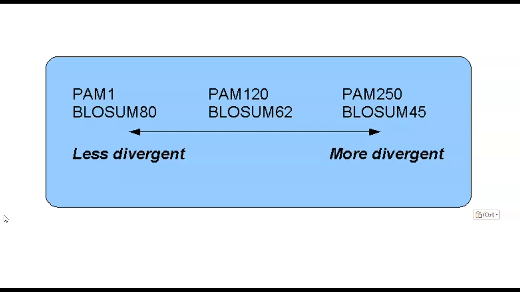This matrix is a quantitative approach to determine whether an amino acid substitution is conservative or non-conservative. That's really the relative difference between that and a PAM.